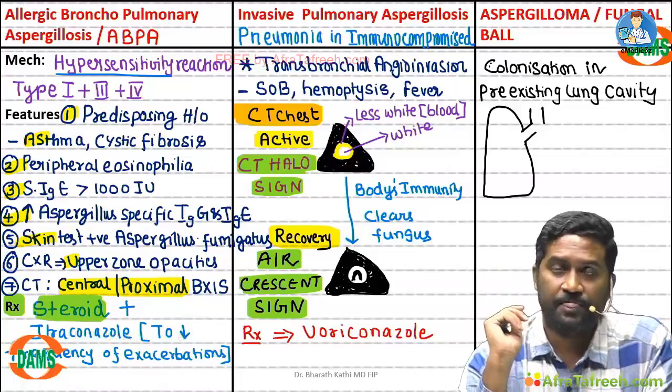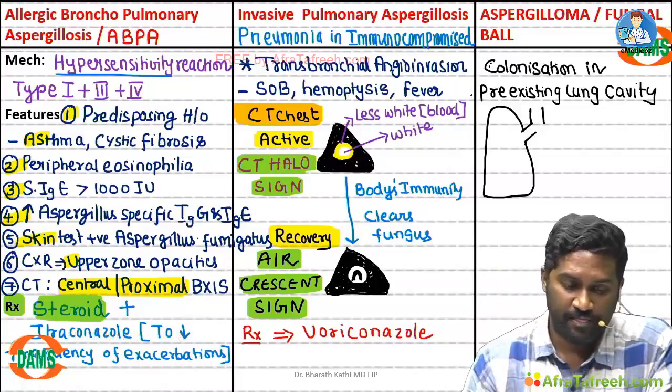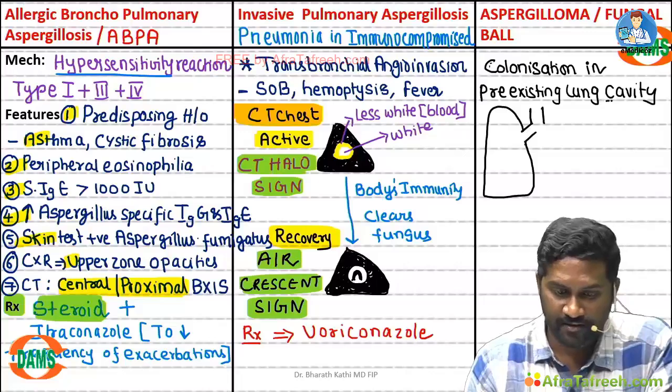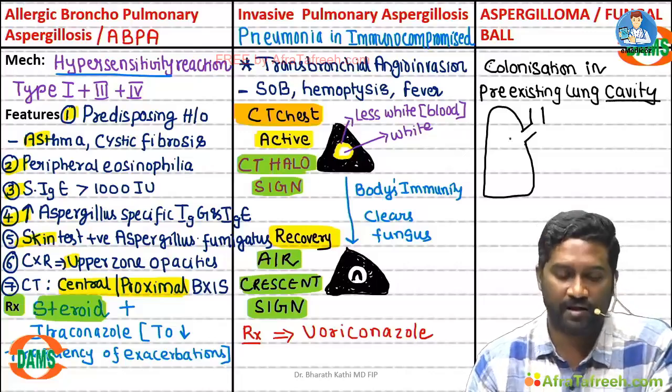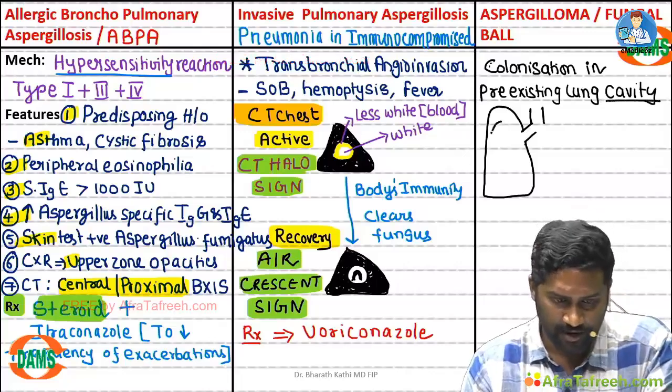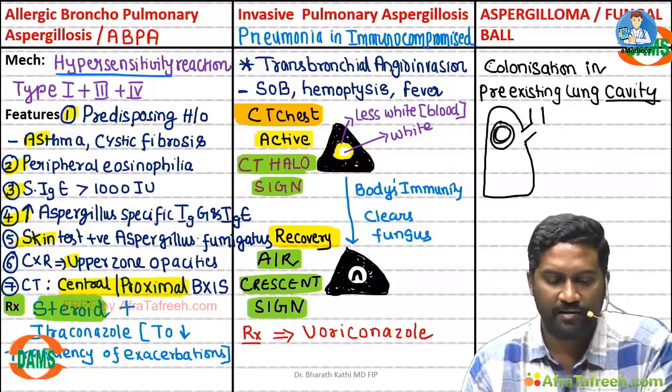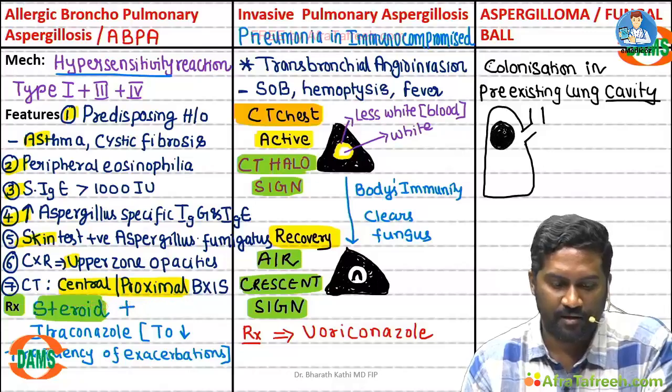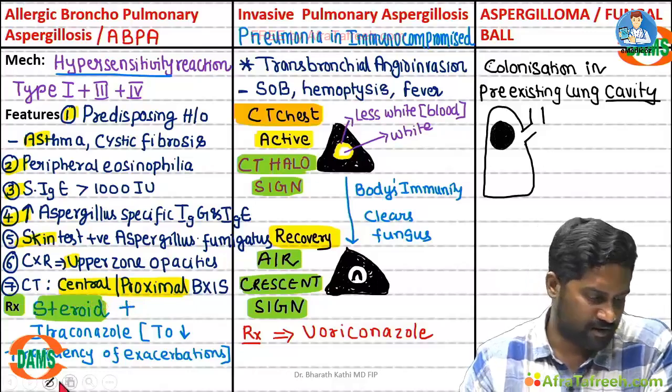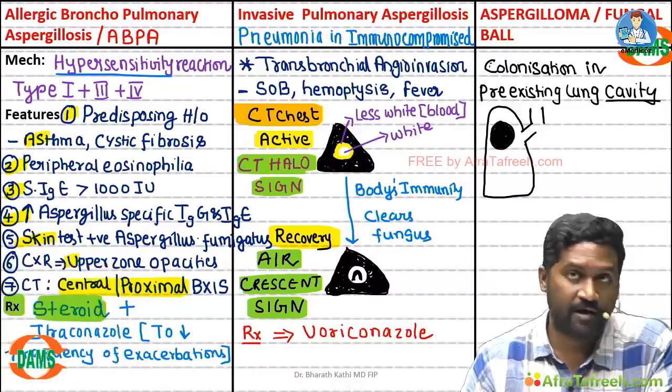Now consider this is the chest X-ray. Most important is that there should be a pre-existing lung cavity. How will the lung cavity appear on a chest X-ray? It will appear black because it is an abnormal air-filled area. In this cavity, a fungus is colonizing. How will the fungus appear?